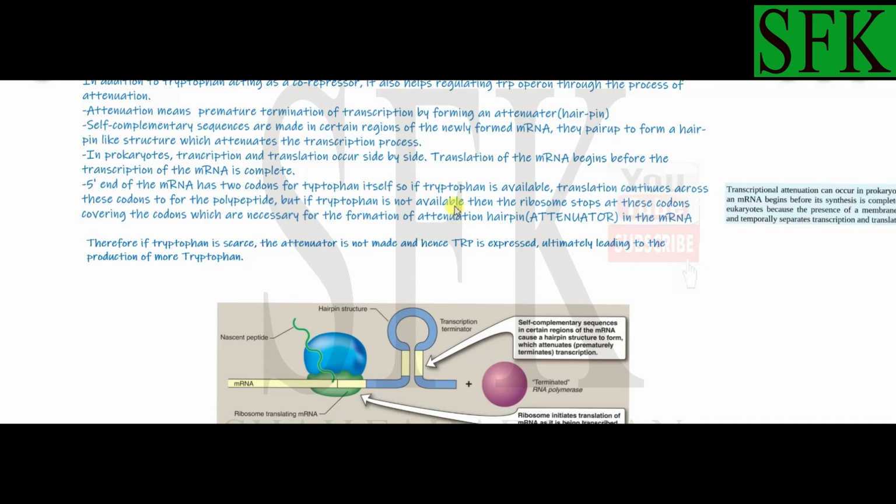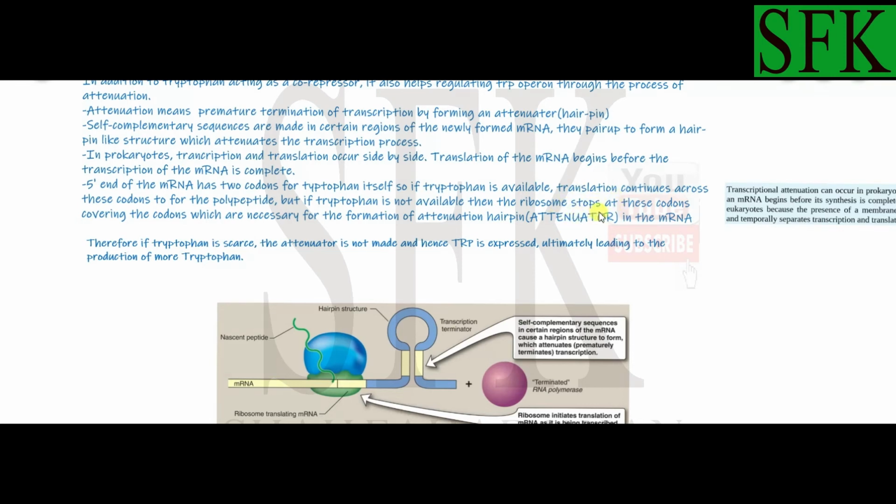These codons near the 5' end will not be able to fill. They'll remain empty, so when the ribosome reaches these codons, it will stop, because there is no tryptophan to attach at these codons, and it will wait for the tryptophan molecules to come.